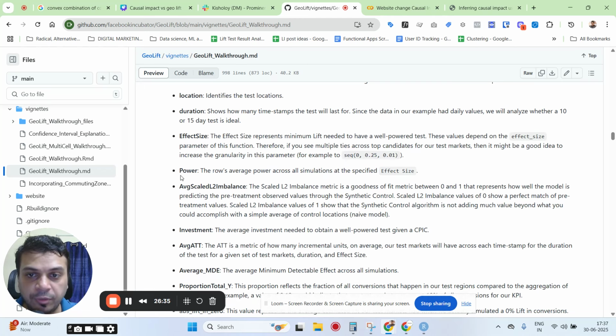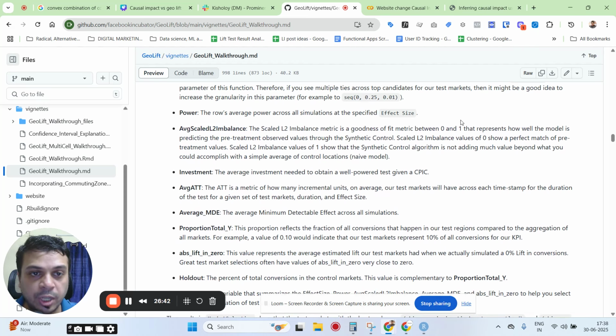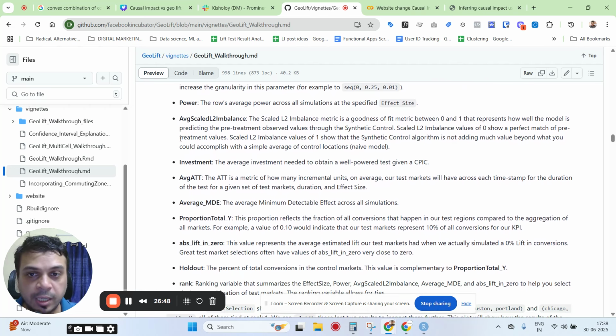Then you have power, location, duration, ID, which are very simple. This is a new thing: average scaled L2 imbalance is an important factor, a measure of goodness of fit which varies between 0 and 1. It shows how well the model is suitable for predicting the pre-treatment observed values through the synthetic control.